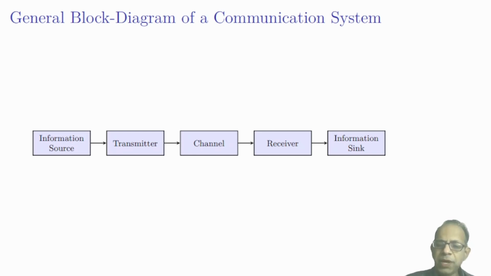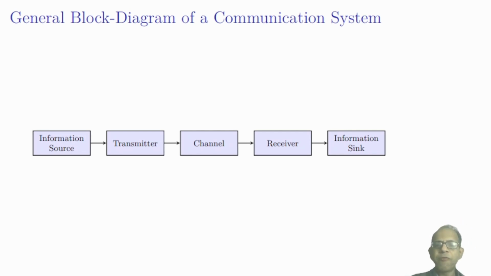The job of a transmitter is to convert the information received from the information source into a form that is suitable for transmission through the communication medium. Now that communication medium, which I have named here as channel, may be wired or wireless, it may be guided or it may be unguided.